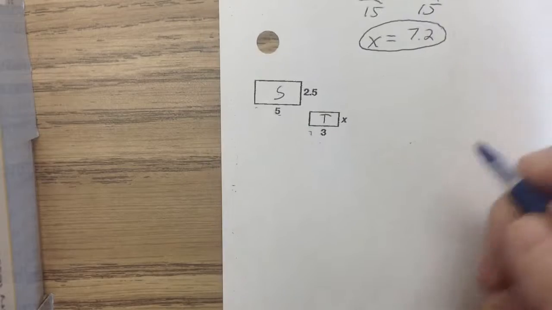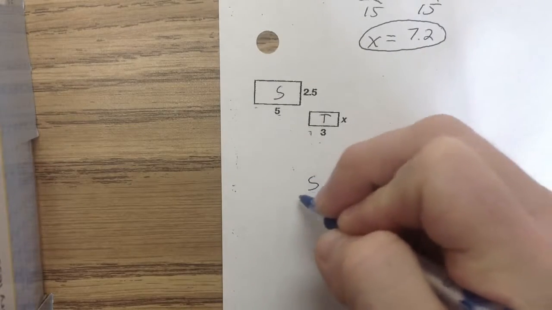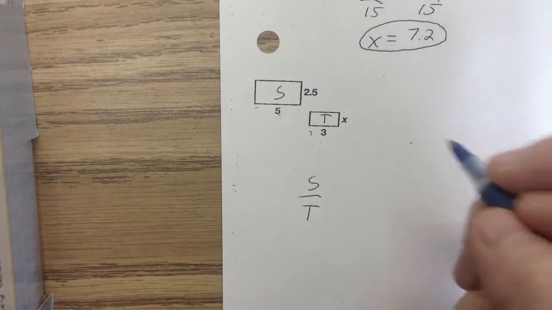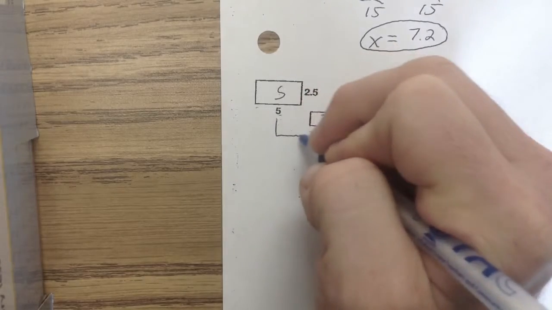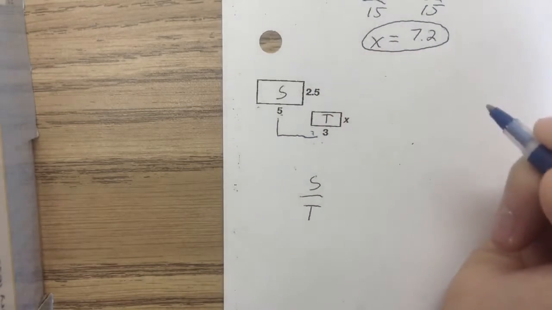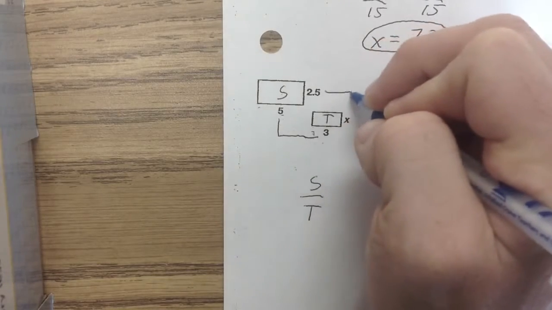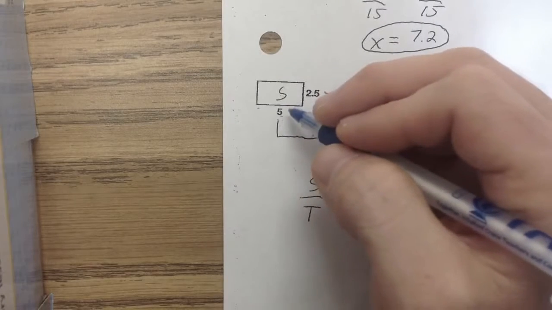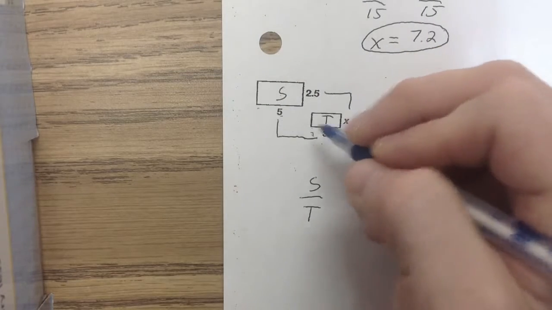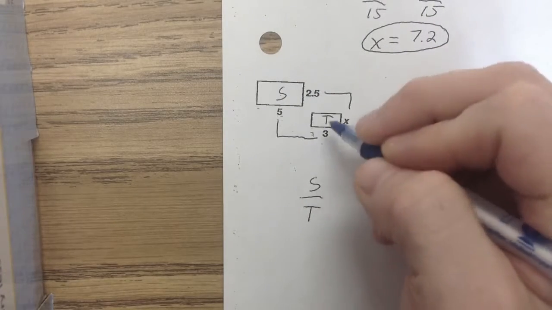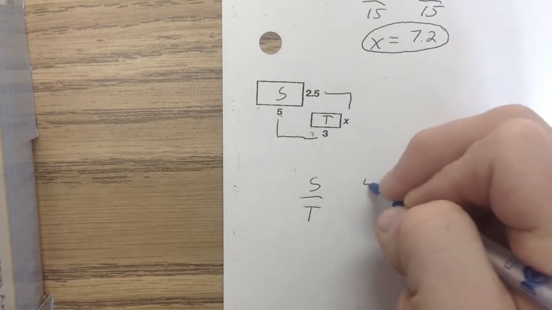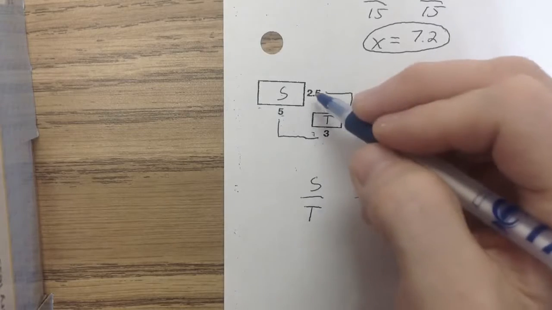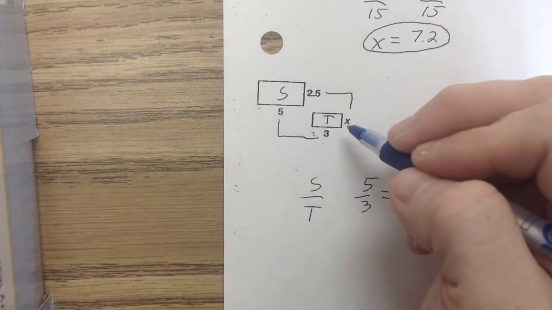Okay. So again, I'm going to make my key, I'm going to put the S on top, I'm going to put the T on the bottom, and then it's just a matter of matching up the sides. The 5 and the 3 are in corresponding positions, the 2.5 and the x are in corresponding positions. So we're going to put the 5 over the 3, because the 5 is from S, the 3 is from T, so we've got 5 over 3 equals 2.5 over x.